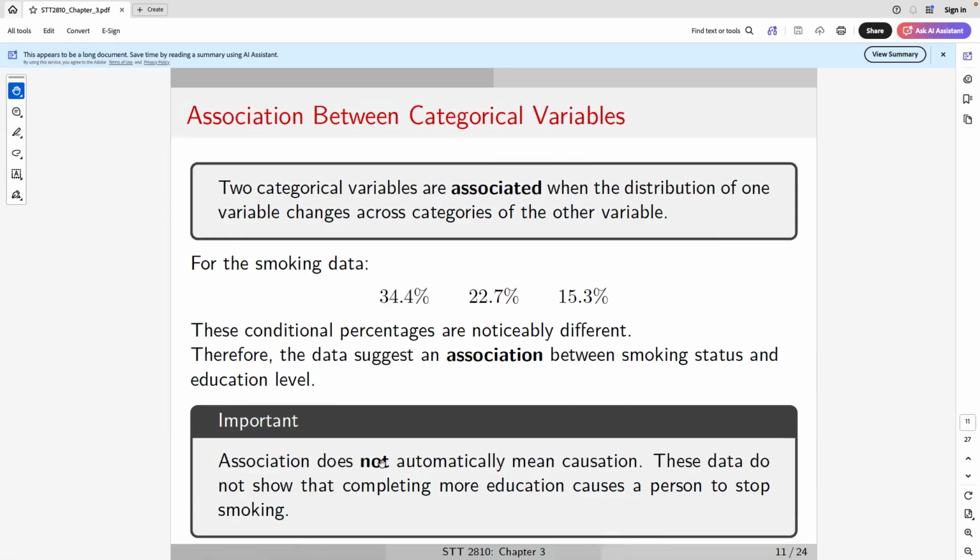Association does not automatically mean causation. We can only say that there is an association between smoking status and level of education. That is all we can say. We can never say that because there is an association, there is causation, that people with a higher level of education are going to stop smoking. No. It's very important that you note that distinction.